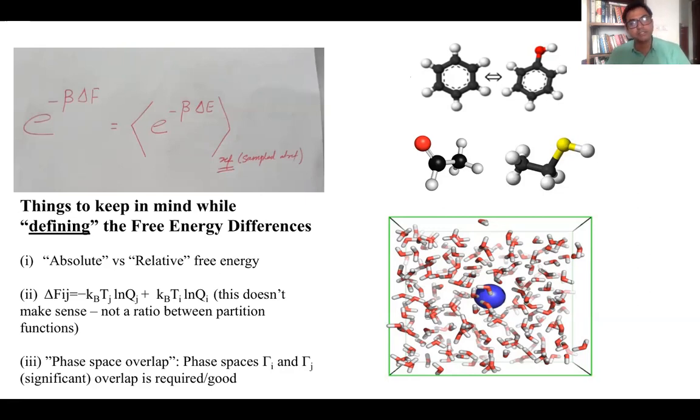And the third is the phase space overlap, which I think you will appreciate when you actually do the exercise. I'll show you, if you take zero charge as the reference and right away want to find out the free energy difference of charging the particle to one, there is hardly any overlap between the two states, zero charge and one, for the configurations of water around it.